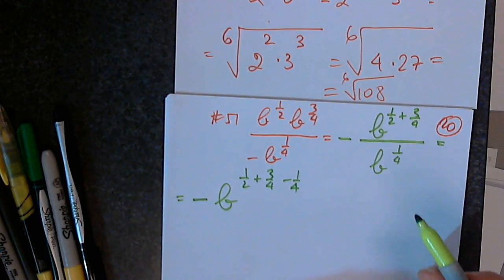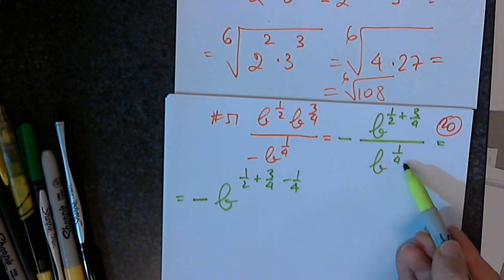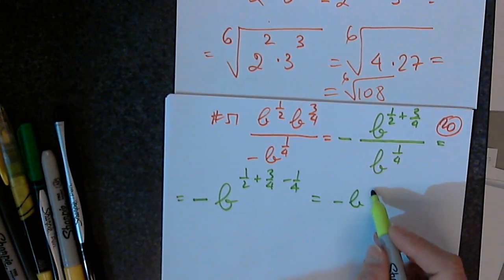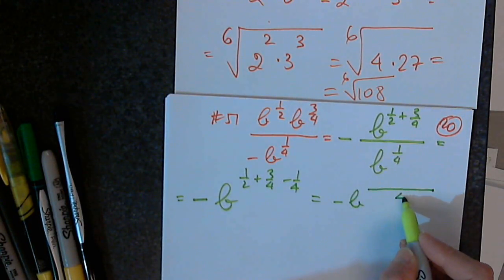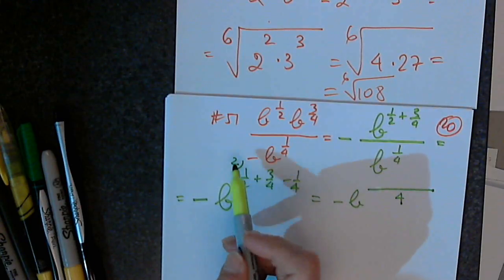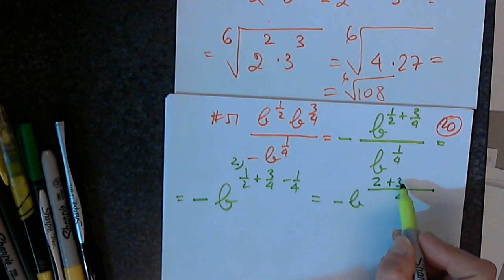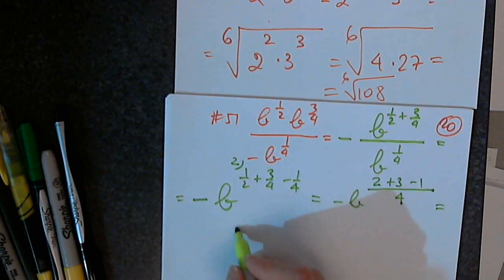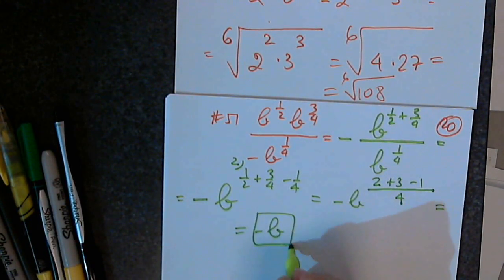From the exponent of the numerator, I subtract the exponent of the denominator to do it in one step. I need to find the least common denominator, and that happens to be 4, and this one needs a 2. So 2 plus 3 minus 1, 5 minus 1 is 4. 4 over 4 is 1 indeed, so this is negative B.